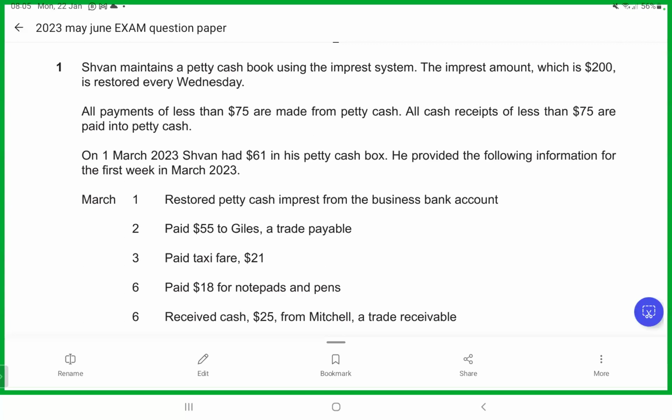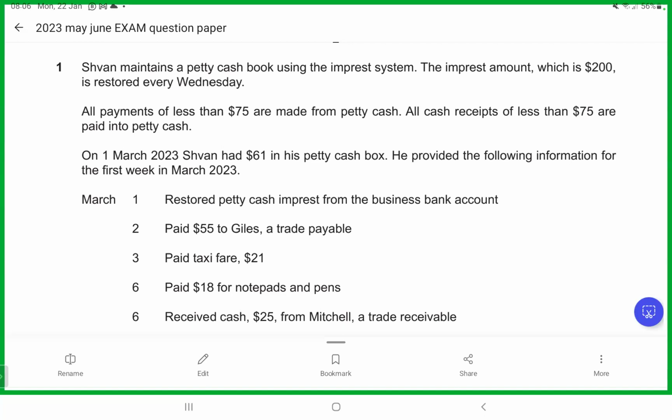So if you only have $20 out of 200, you will not receive the 200 when you go to replenish the account, but you just receive 180. So that when you add 180 plus that 20, you have the total of 200.